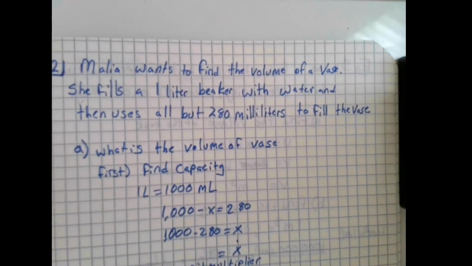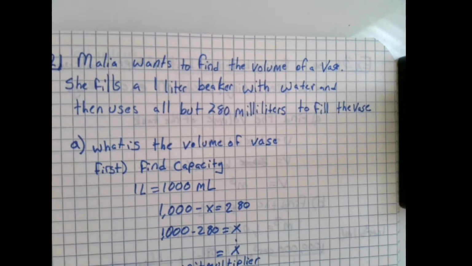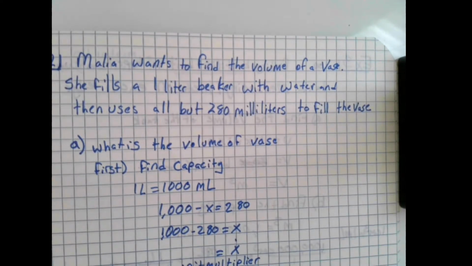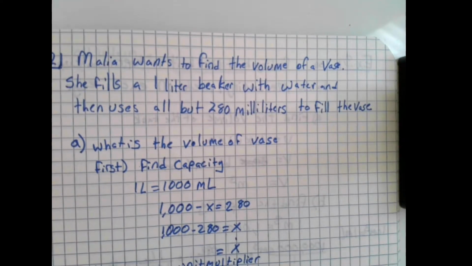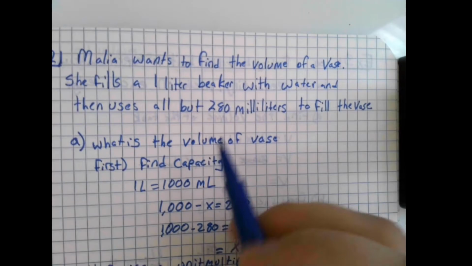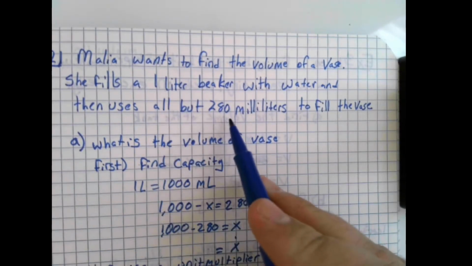Moving on to example 2. Example 2 says Malia wants to find the volume of a vase. She fills a 1 liter beaker with water and then uses all but 280 milliliters to fill the vase. First, if we're finding the volume of the vase, we first need to find our capacity. She used a 1 liter bottle but had 280 left.